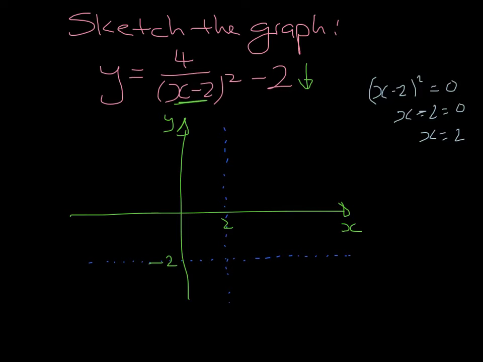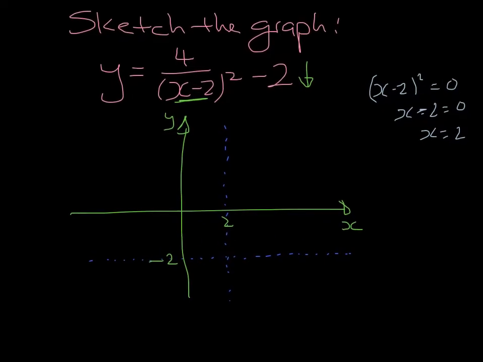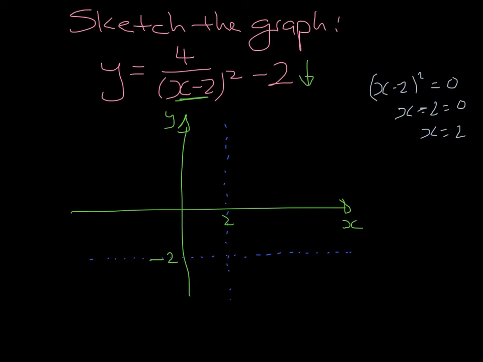To work out the x-intercept for the graph, you make y equal to 0 and take our function, so 4 over x minus 2 squared, take away 2 equals 0. Add 2 to both sides, so I get 4 over x minus 2 squared equals 2. That's a squared there.